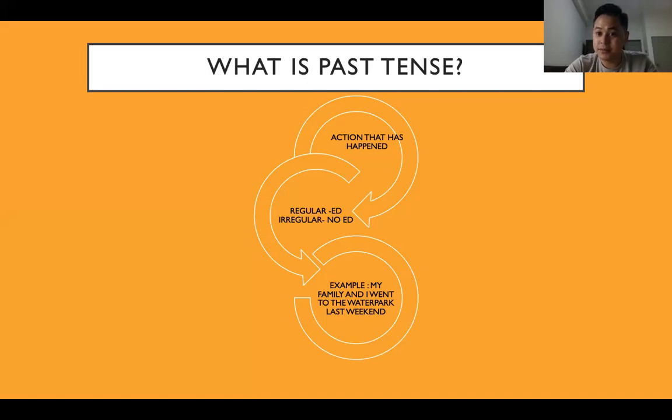For example, this is one of the sentences that you can use in your writing later: My family and I went to the water park last weekend. The time here is last weekend, which indicates the past activity that you have done. So you must use past tense for this kind of sentence.